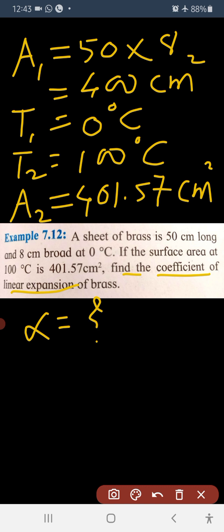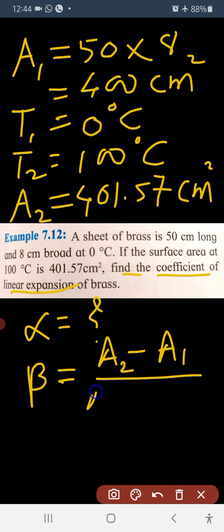The question asks to find alpha. But here the given data is about the area, initial temperature, final temperature, initial surface area, final surface area. So we can find the value of beta by using that given data. So beta is equal to change in surface area, A2 minus A1, divided by initial surface area A1 into final temperature minus initial temperature, means rise in temperature.